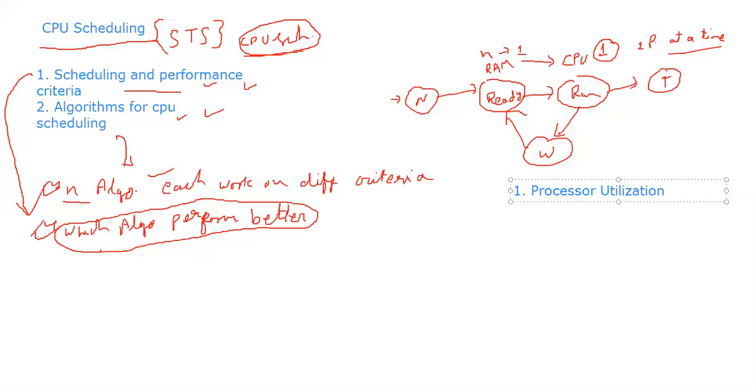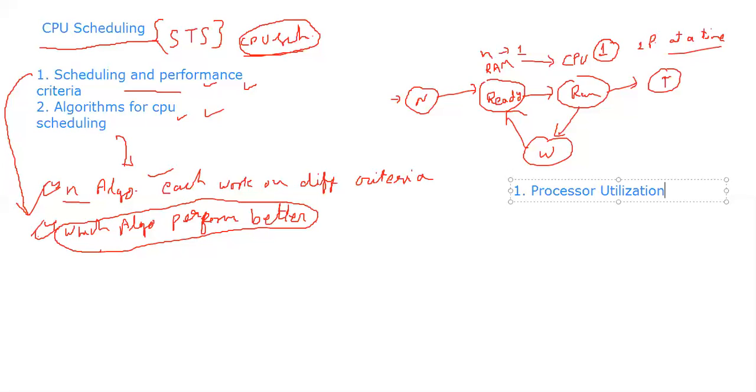Now, what is processor utilization? Processor utilization says how much we have utilized our processor. In general terms, I can say it is the average fraction of time during which the processor is busy.